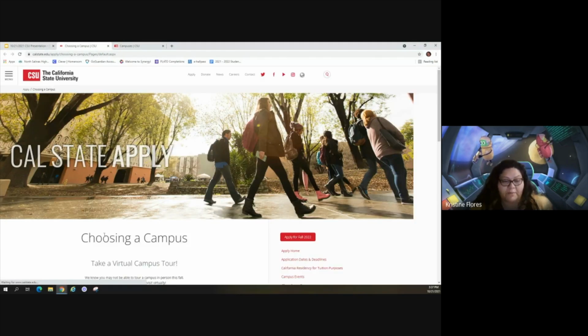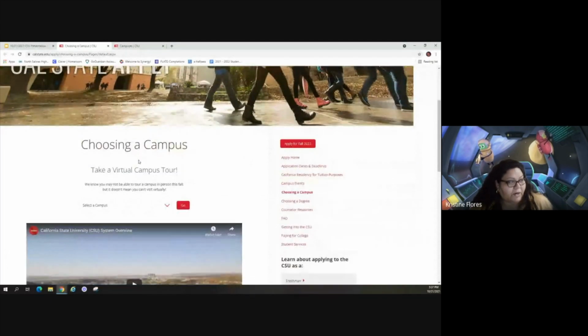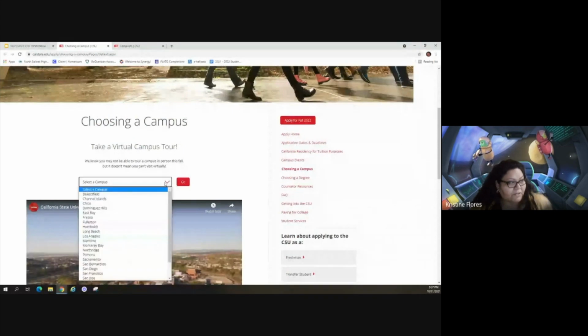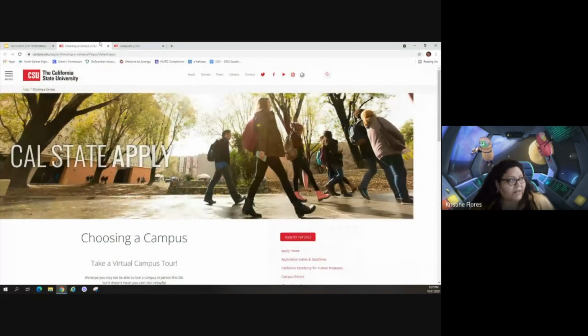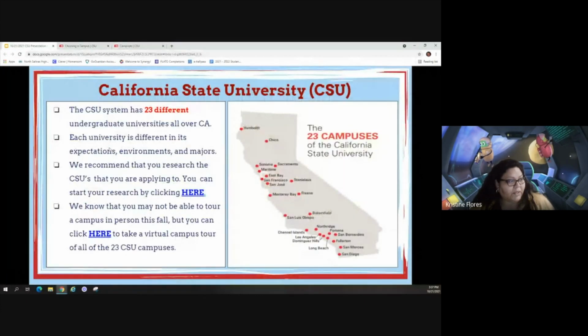We know that you're not able to go on a campus tour right now, get in the car and say, Mom, let's go to CSU Dominguez Hills. So you can go on that link and it brings you here. You select the campus you want to see and then you hit go. Okay, and that's how you can do a virtual tour there.